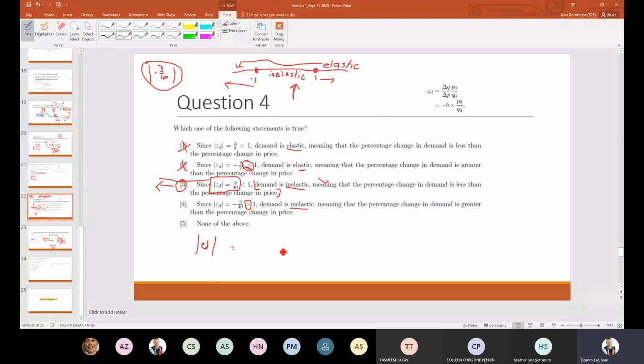So if you have 2 and you take the absolute value, it will stay 2. But if you have -2 and you need the absolute value of that, it will turn into 2. So it will always make a negative value a positive.